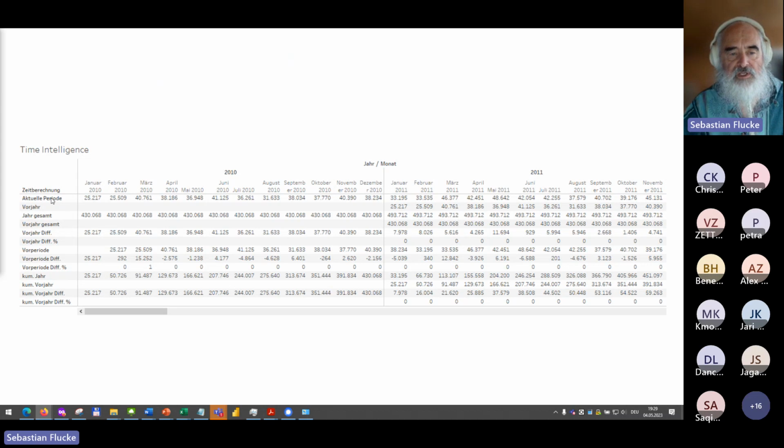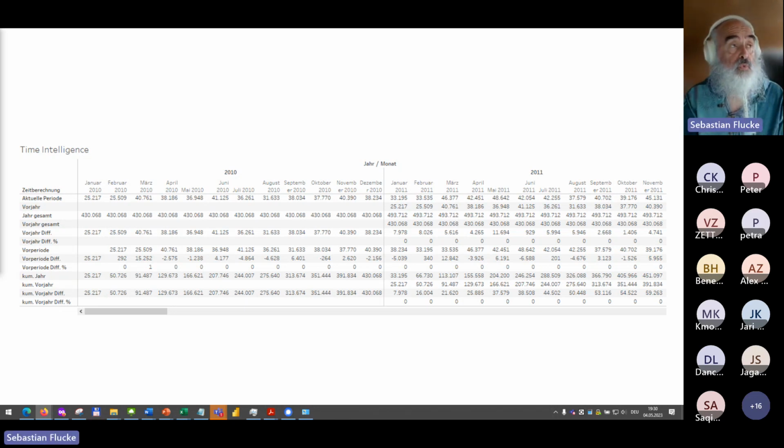We have here the current period, the previous year, the overall year, the overall previous year, a difference to previous year, a percentage regarding previous year, a previous period, a difference to previous period, and so on and so on. And here we have year to date, with differences and percentages and so on. And there are more such calculations, depending on what your business needs are.